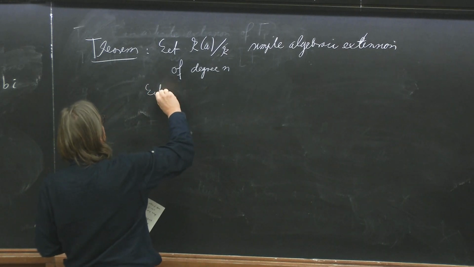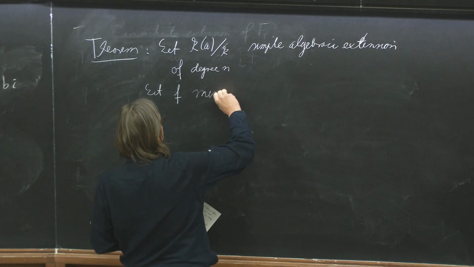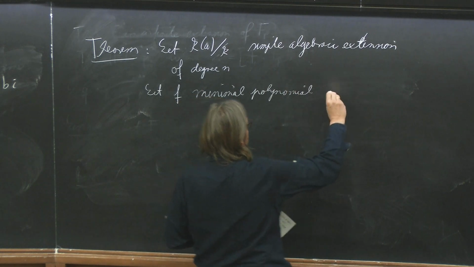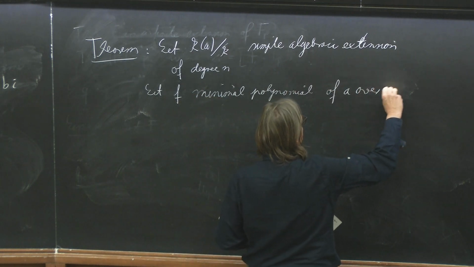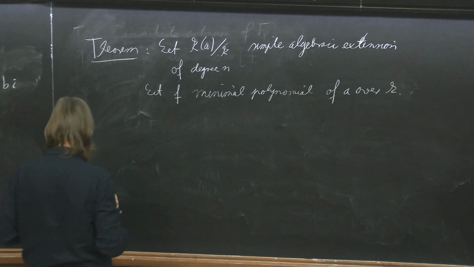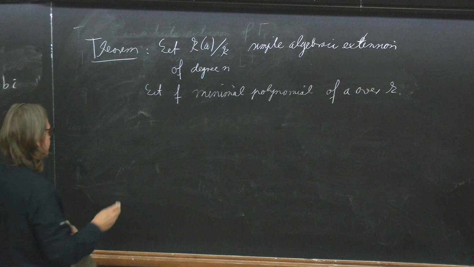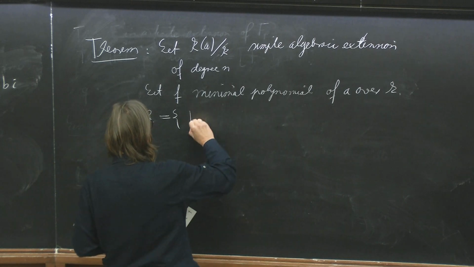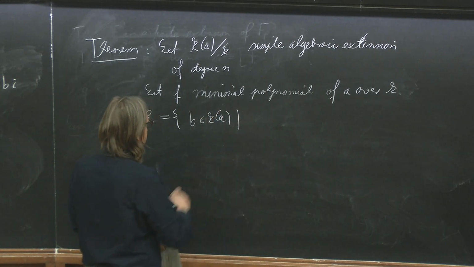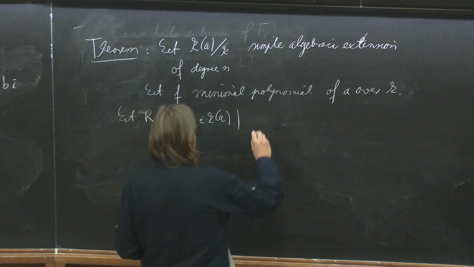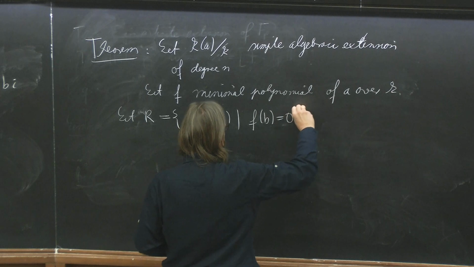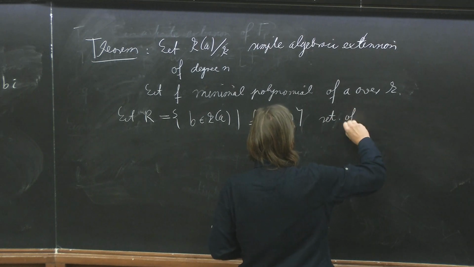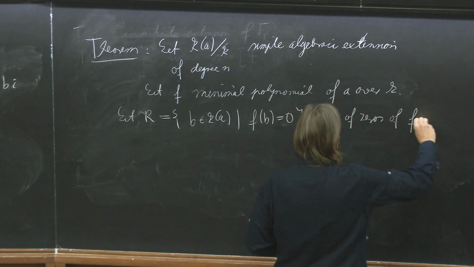So let f be the minimal polynomial of a over K. Then we look at the roots of this minimal polynomial, the set R of b in K(a), so all the zeros of f in K(a).